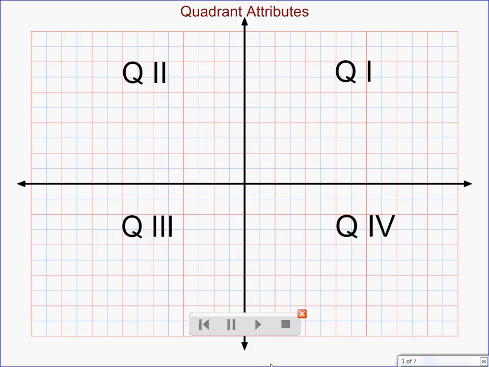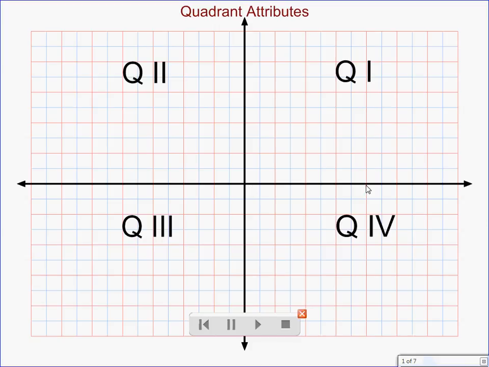Now, how am I to determine the attributes of the points in these quadrants? Well, as you recall, all points to the right of the origin on the x-axis are positive, and all points above the origin on the y-axis are positive.